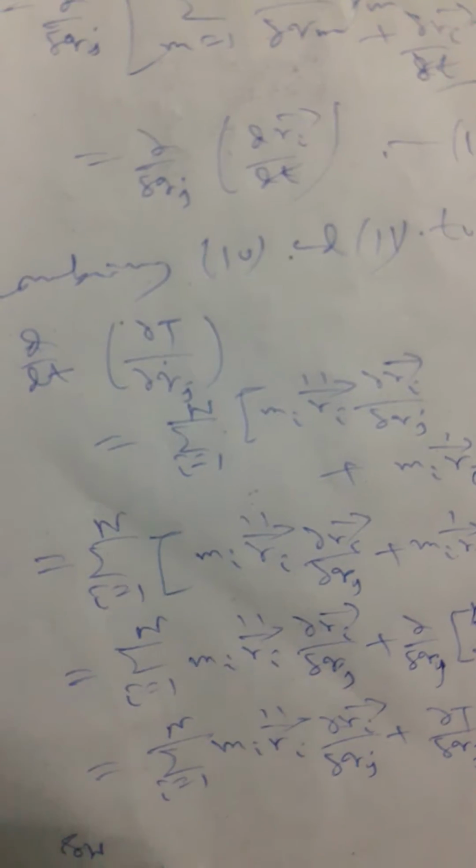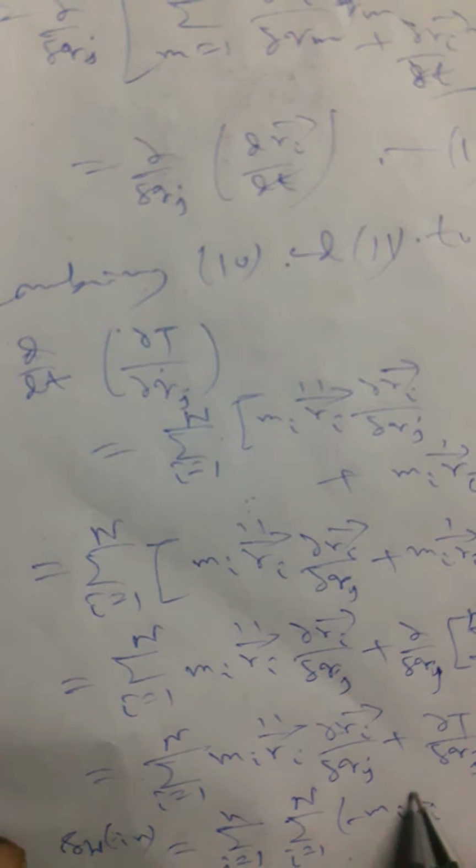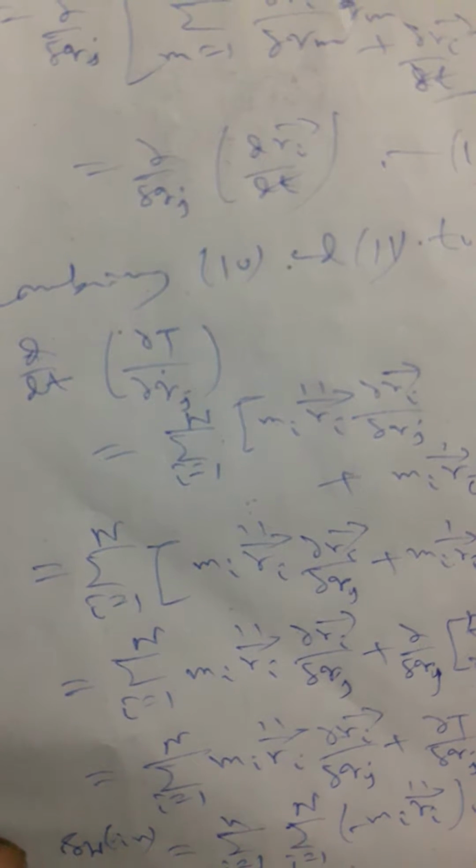δW, that is the inertial forces, sum of j equals 1 to small n, sum of i equals 1 to capital N. Recalling equation 9, mi r̈i ∂ri/∂qj and δqj, that is the virtual displacement.